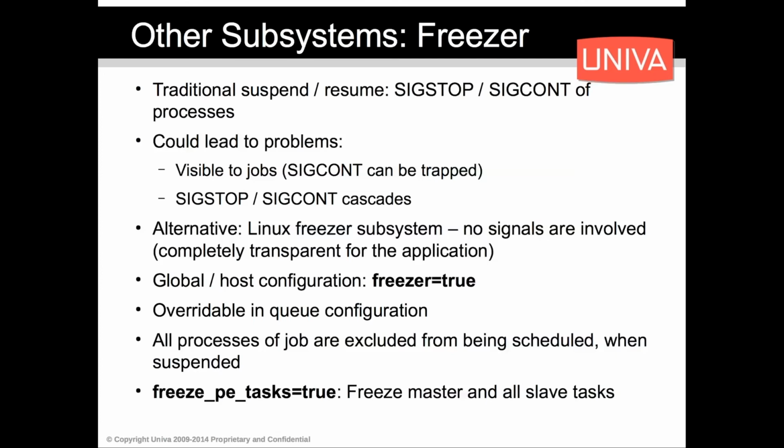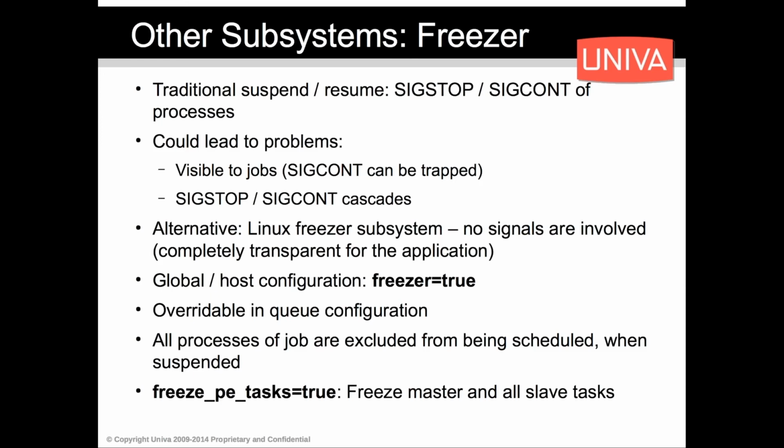First, it is visible to the job. For example, the SIGCONT signal could be trapped by the job, and the job stays suspended even though it should be resumed. You can also have issues when sending SIGSTOP and SIGCONT cascades.